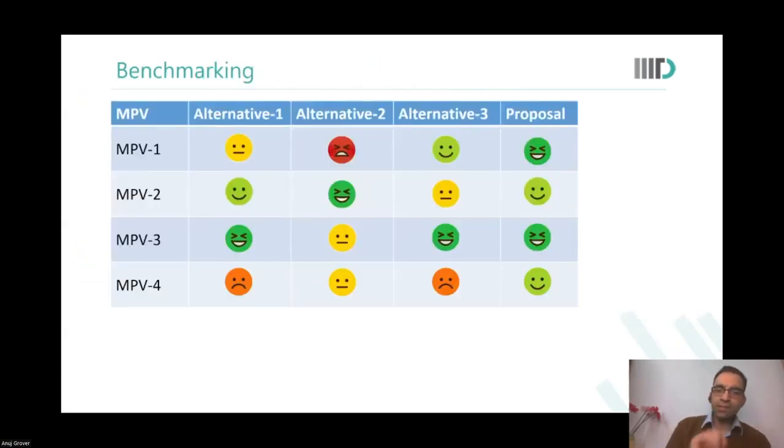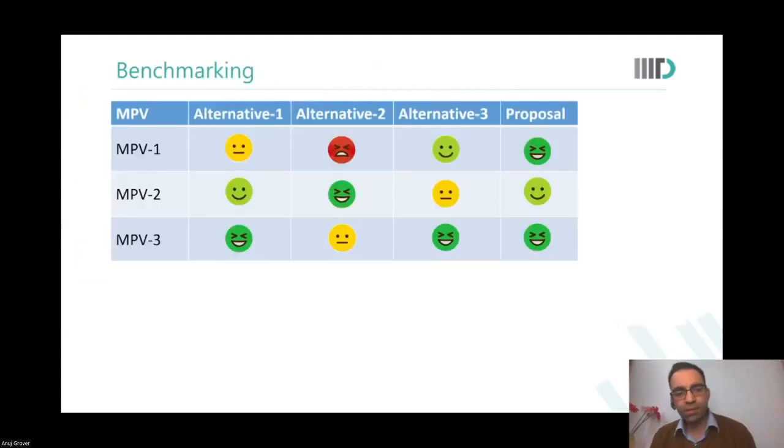So stress benchmarking is that, for example, you have a product idea or a problem statement in mind that you want to solve, and you also have a proposal in mind that you want to solve this problem through. However, there are alternatives which would already exist.